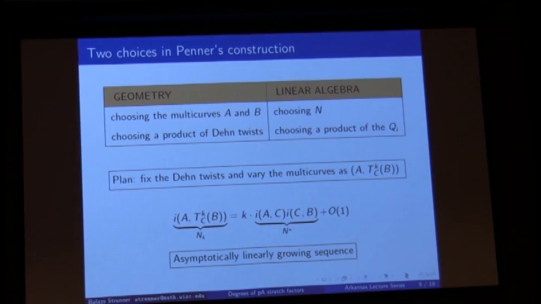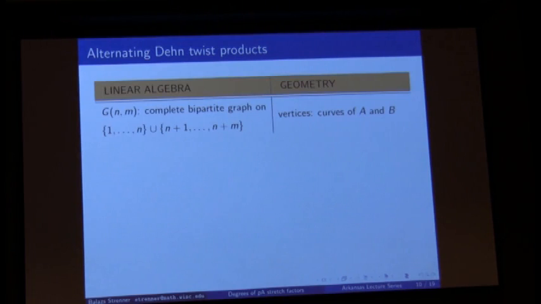So the pairwise intersection numbers of each blue and red curve increase linearly up to a bounded error. Moreover, we specialize to special Dehn twist products, by which we mean that we take a red one and a blue one and a red one and a blue one. So this is an alternating Dehn twist product.